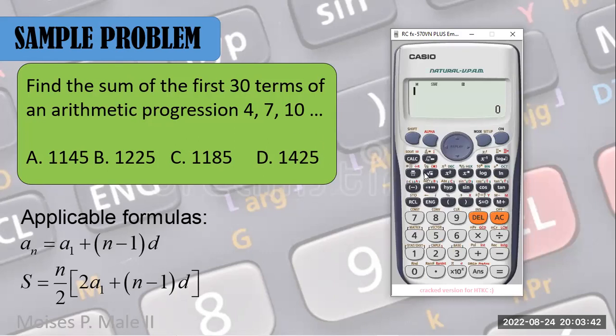Okay, so, same thing, no? So, nag-mode start tayo, so linear, diba? Okay, so 30 terms, no? So, first 3 terms yung binigay. Tapos, 4, 7, 10.